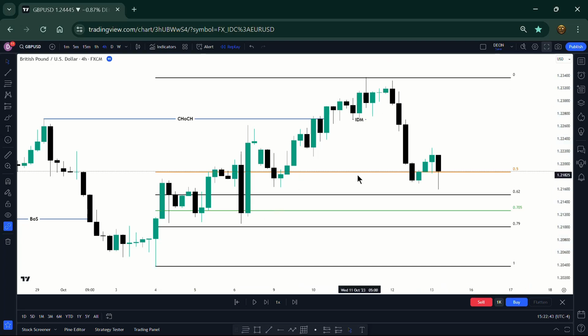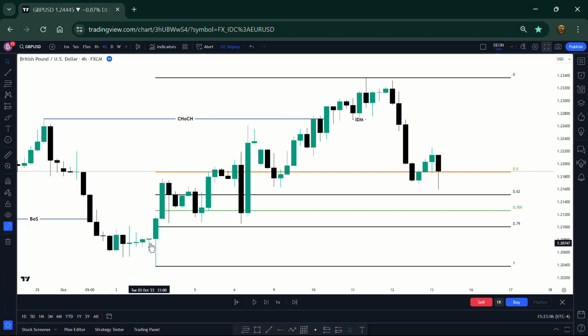And down here, from this equilibrium level here, can you see any POI? This is not your POI. These are inside bars. They are inside this huge candle here. The only POI that I can see is all the way back here.